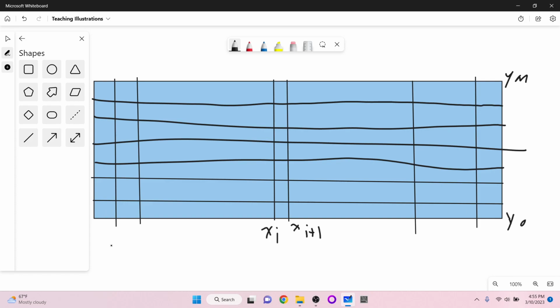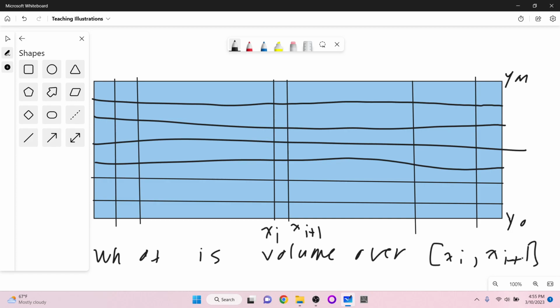So what I want to know is just what is the volume over xi plus 1. Meaning if I could get this entire strip here and get the volume right there, what would it be?